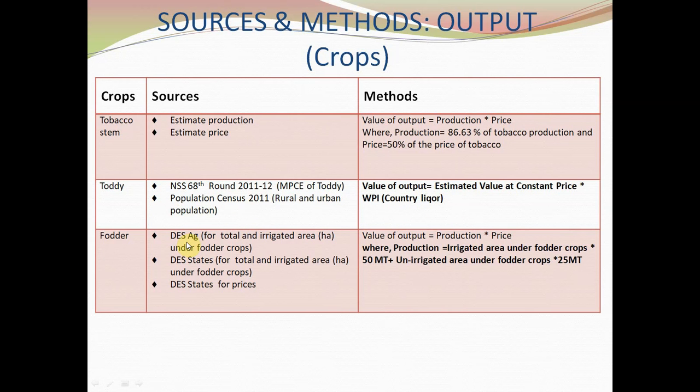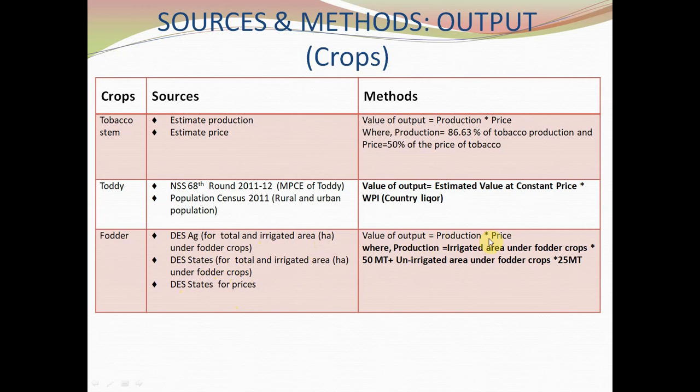For fodder, DES Ministry of Agriculture is providing the total area and irrigated area in hectares under fodder crops. DES states are also providing the same type of data, and DES states are providing prices also.